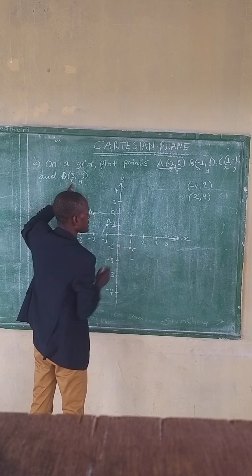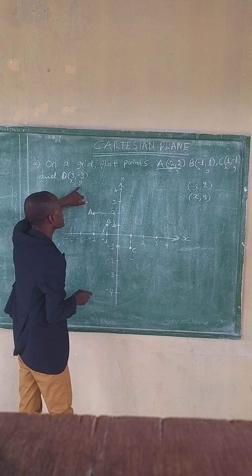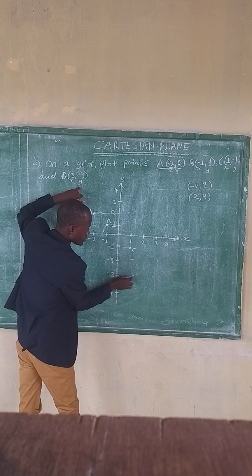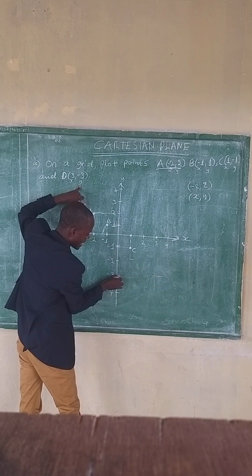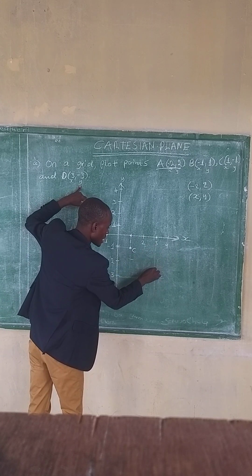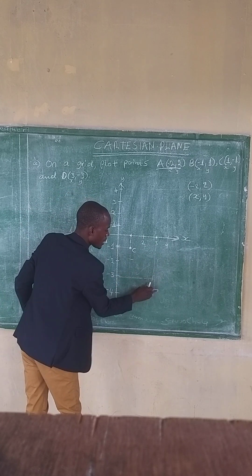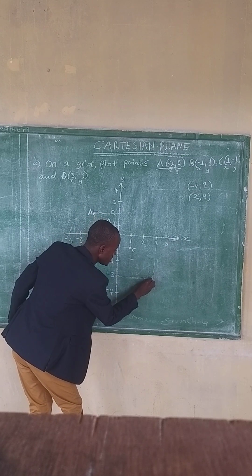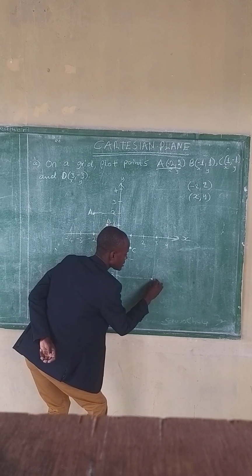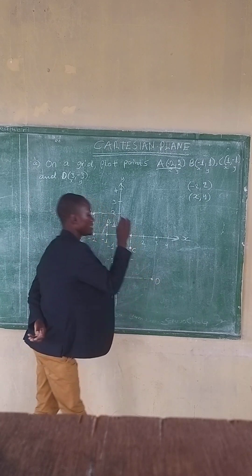Now where is -3 on y? Negative 3 is here. When you extend your lines like that, where the two lines meet, this becomes your D.